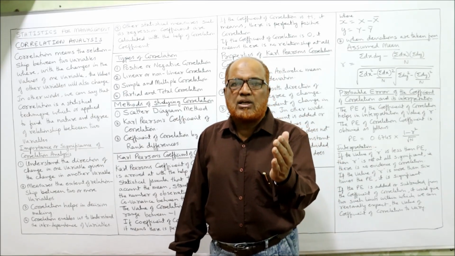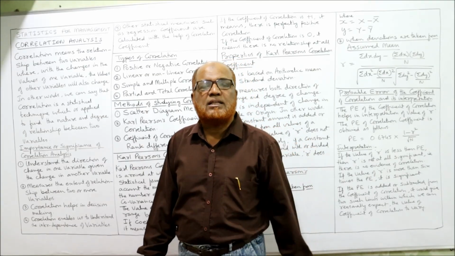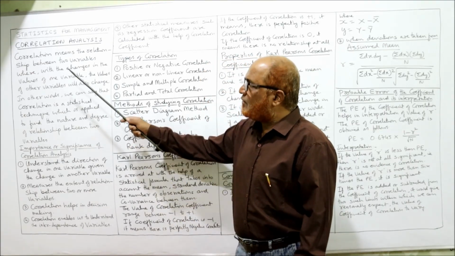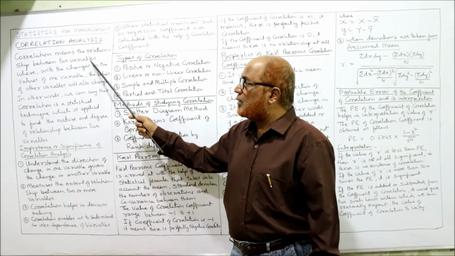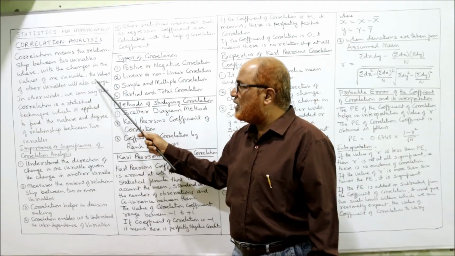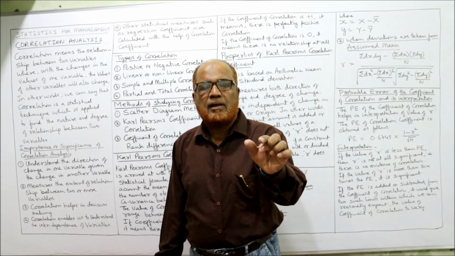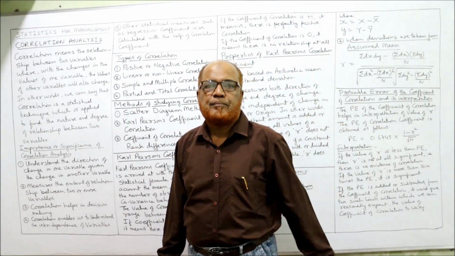If there is a change in one variable, correspondingly there will be a change in the other variable if the two variables are related. So here I have given: correlation means the relationship between two variables where with the changes in the value of one variable, the value of the other variable will also change.